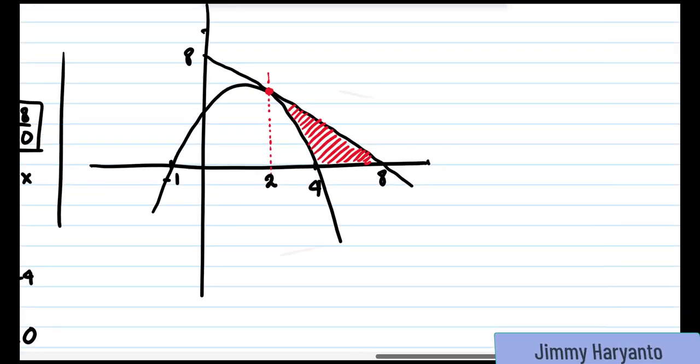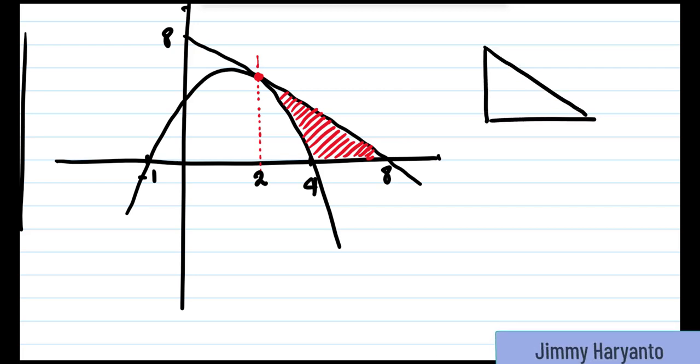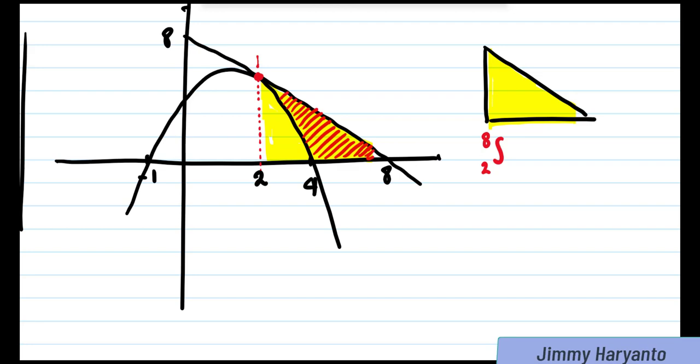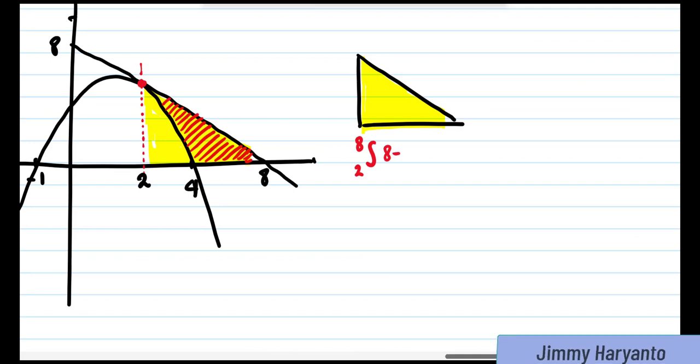And then to find the area we have to think like this: we have the big triangle. This big triangle is the integration from 2 until 8 of the line. The line is 8 minus x, so 8 minus x dx. Okay, this is the big one.